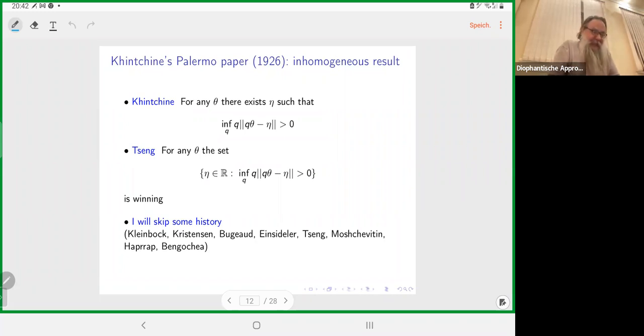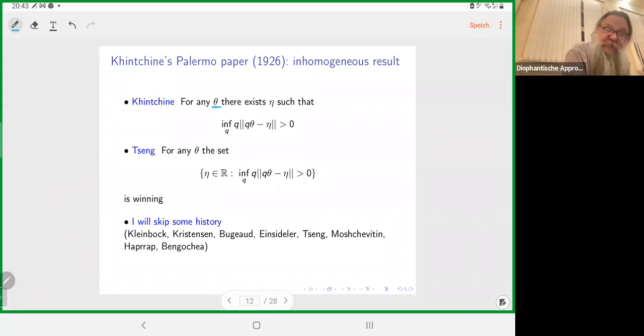So another result which was discovered by Khintchine is an inhomogeneous theorem which states that for any theta we can transform a linear form in one variable into a badly approximable inhomogeneous linear form.